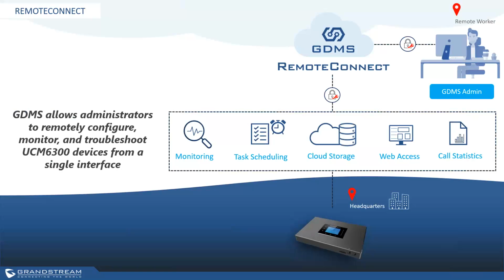So now the GDMS offers you, depending on which plan you have, access to storage on the cloud. So when you do a backup of the UCM, you can back up the system on GDMS, and then from GDMS you can download it to your local directory, like on your computer, for example, or USB drive.